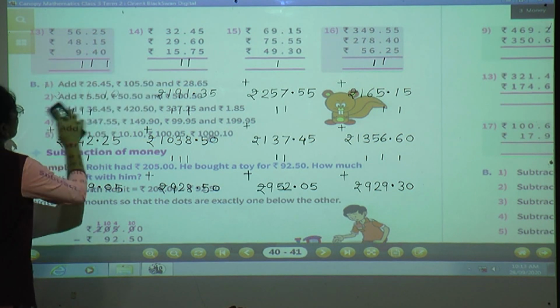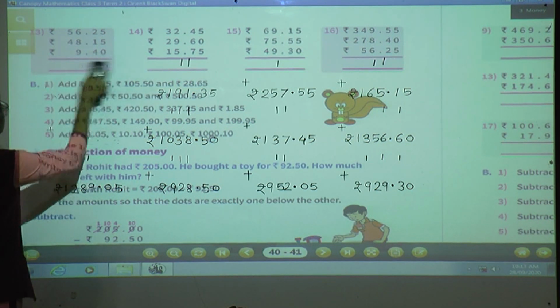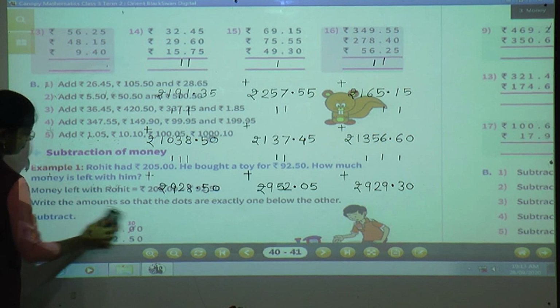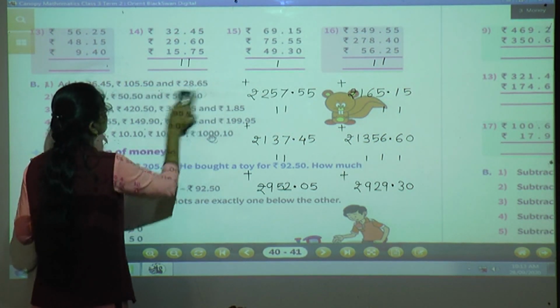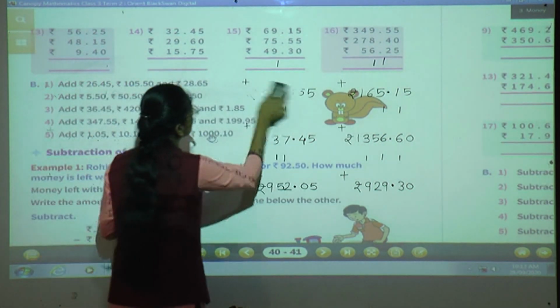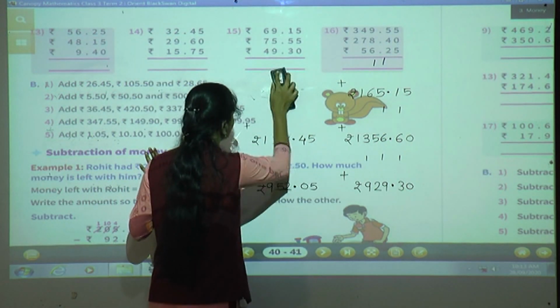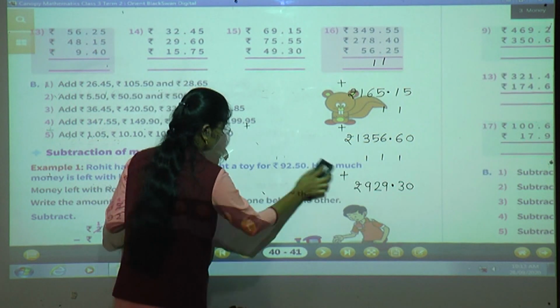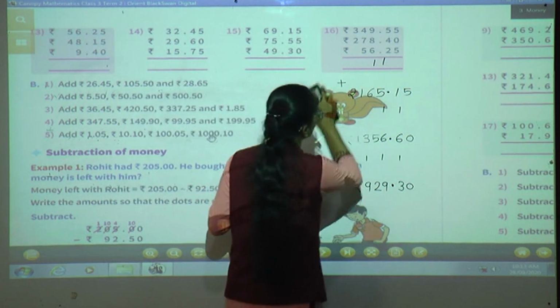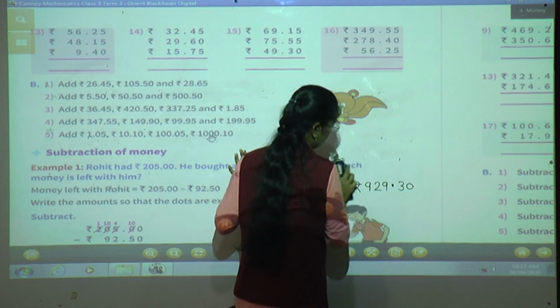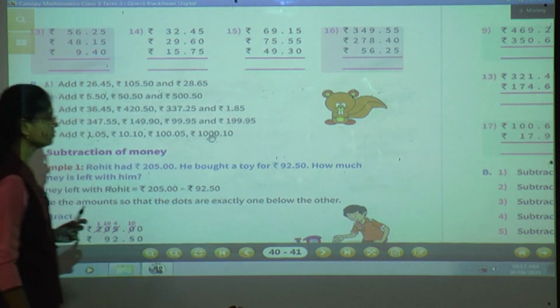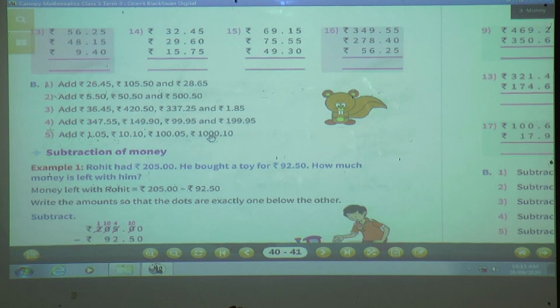Read the 13th number. Now here you have to do the addition of 3 numbers.